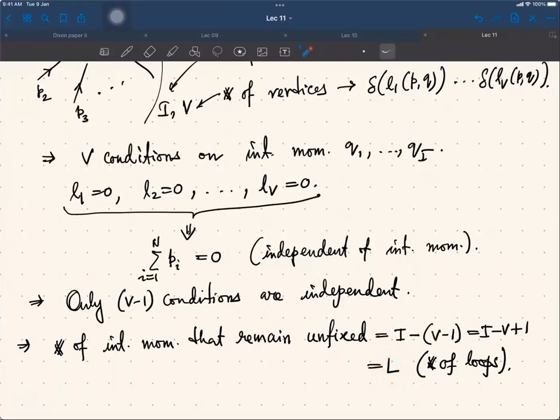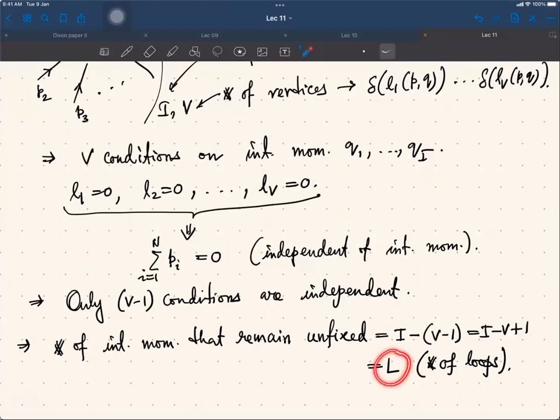So if you fix the number N, the number of external lines, then you could ask what are the diagrams at 3 loops or 4 loops. If you fix the number of loops, it uniquely fixes the number of diagrams that you can draw for a 4-point function with that many loops.